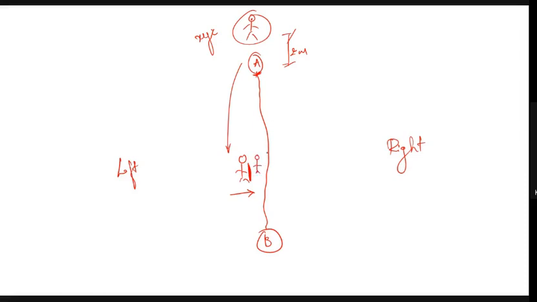Again XYZ will say move a little bit towards the right hand side. Due to the lack of space I am going a little upward. So he will come a little bit here. He has moved more towards the right.